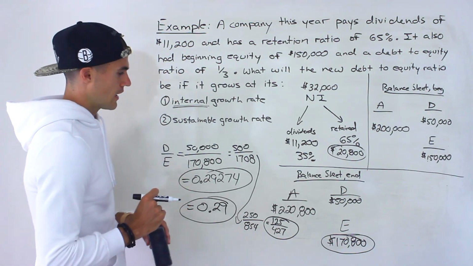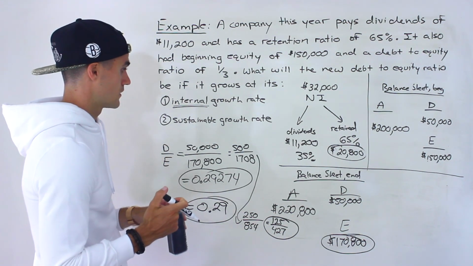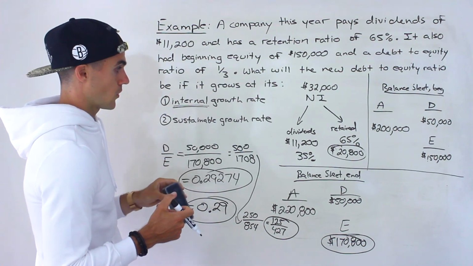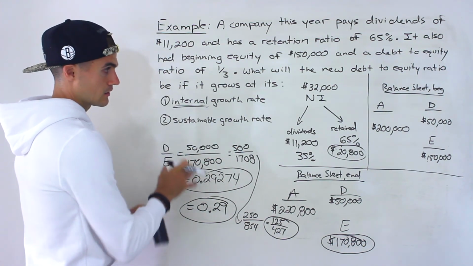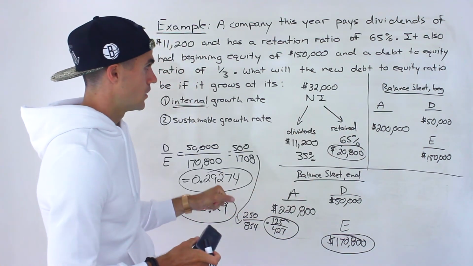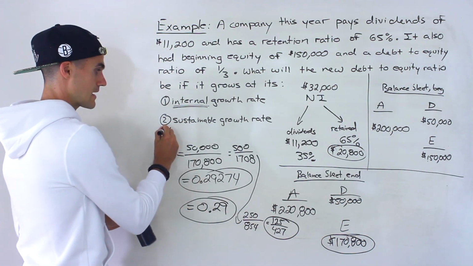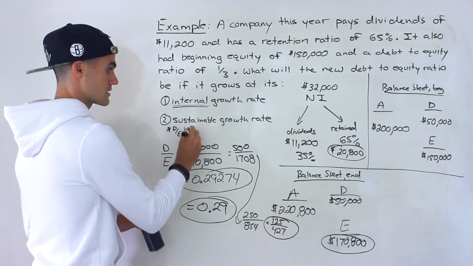So those are the different answers for part A if the company grows at the internal growth rate. What about if it grows at its sustainable growth rate? Now, are we going to have to go through this whole process again, grow these assets at the sustainable growth rate, et cetera, et cetera? Well, no, we're not, because sustainable growth rate, what does that mean? Debt to equity ratio is constant.